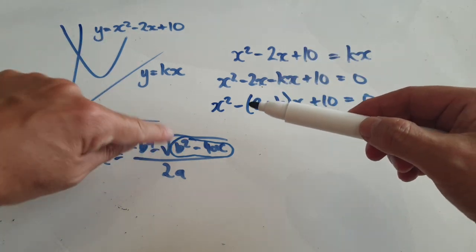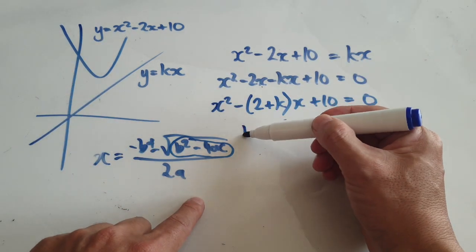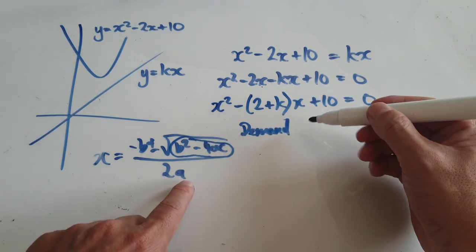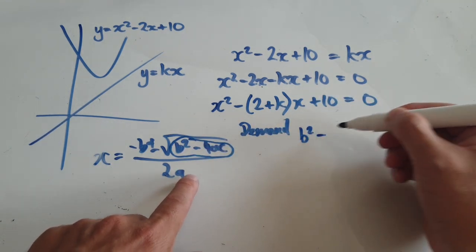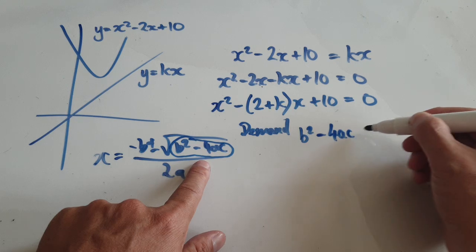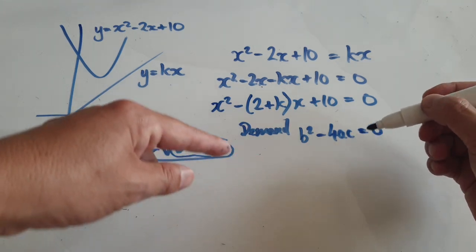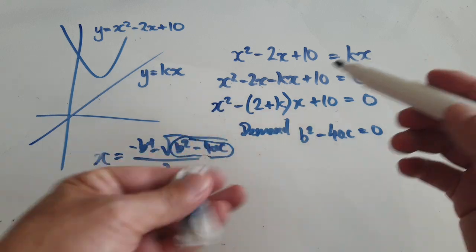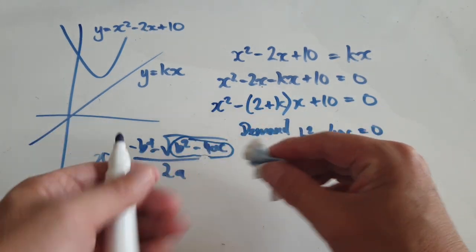I'm expecting you to know this part. So our next step is to demand that b squared minus 4ac be 0. And then that would mean that there would be one solution. And I'm expecting you to know this by now. Okay, so we need to demand this.